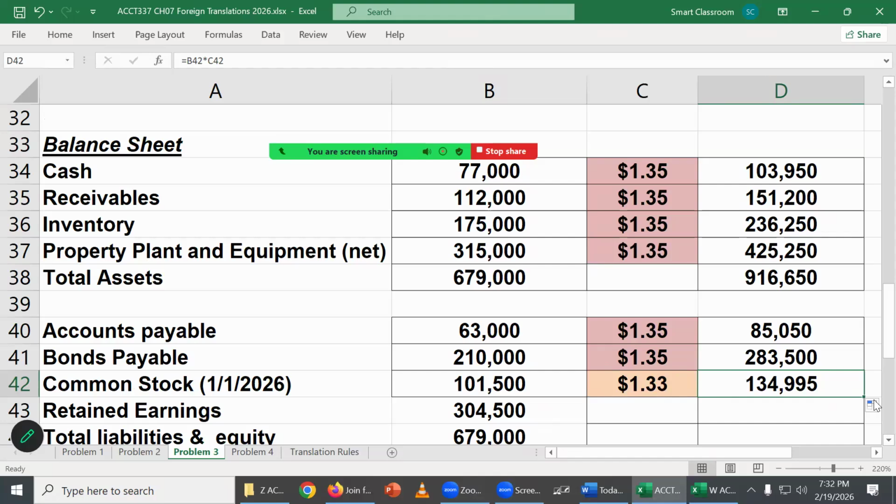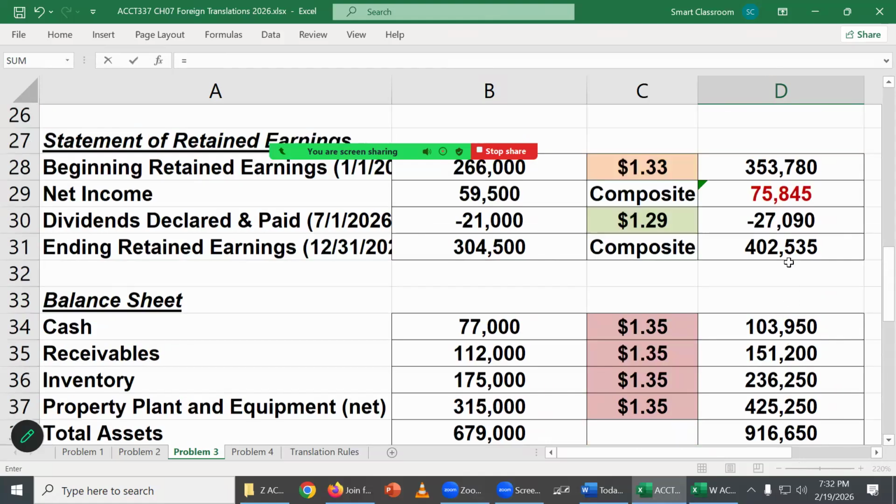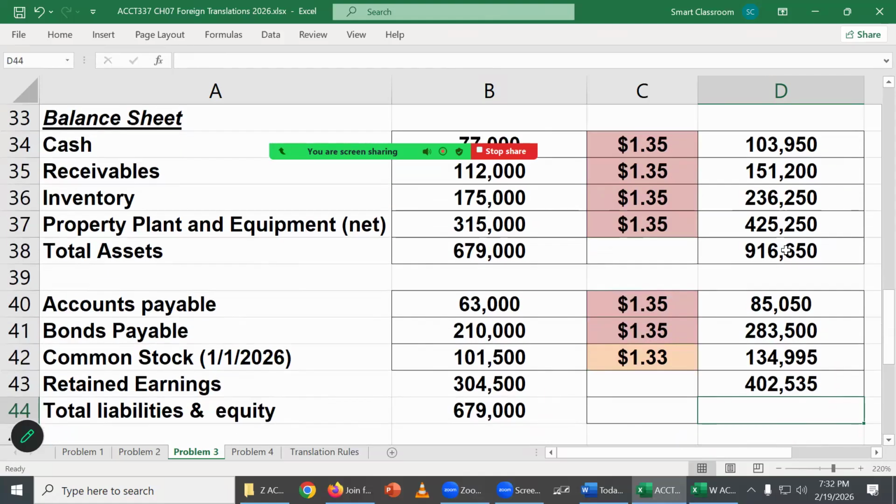So common stock will be at $1.33. Let me make sure I'm doing that correctly. Yes, it is. $1.33. So the total for common stock will be, and these are in US dollars, 134,995. Retained earnings will be the same as up here.